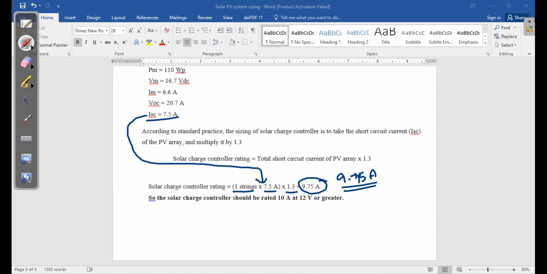So the solar charge controller rating will be 10 amps at 12 volts or higher. We can go for 10 amps or 20 amps, but we need a minimum of 9.7 amps solar charge controller to charge the batteries. This is the way we have to design the solar PV system with batteries.